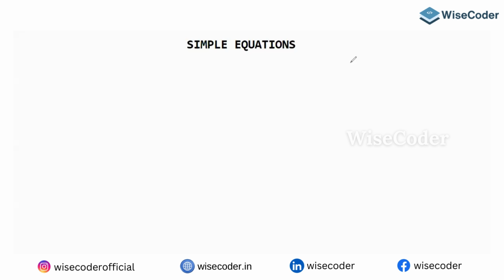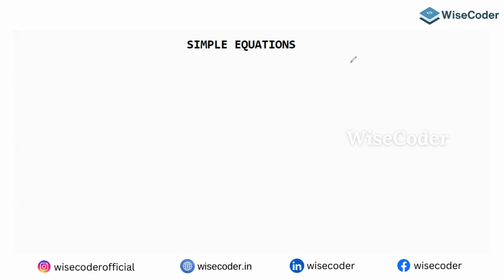Next question. A fraction is such that the numerator is 5 less than the denominator.